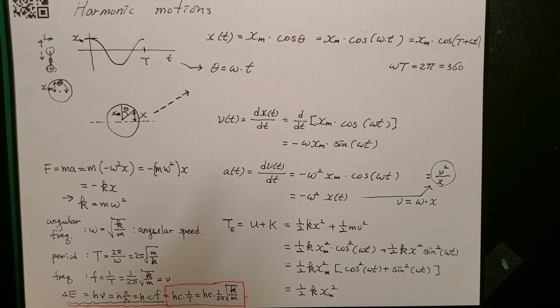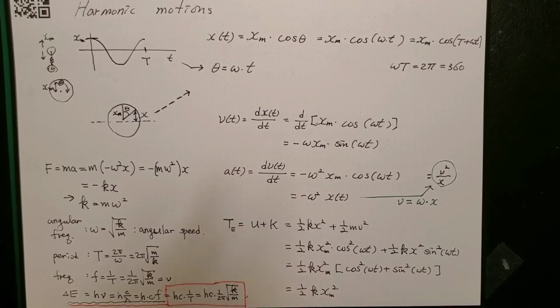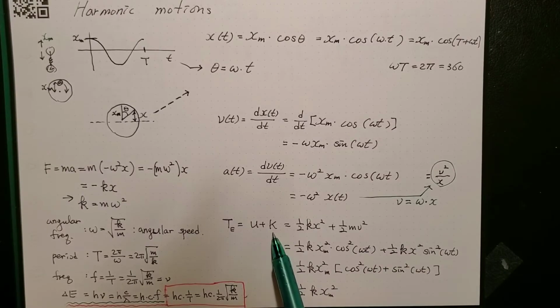So let's go by the concept. Then overall, the total energy also can be expressed using sine and cosine functions. So potential energy plus kinetic energy makes up the total energy. Then you know these equations.